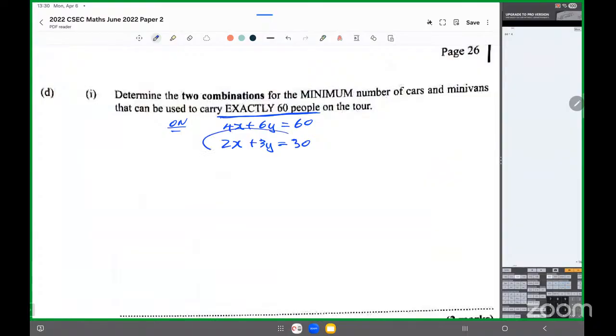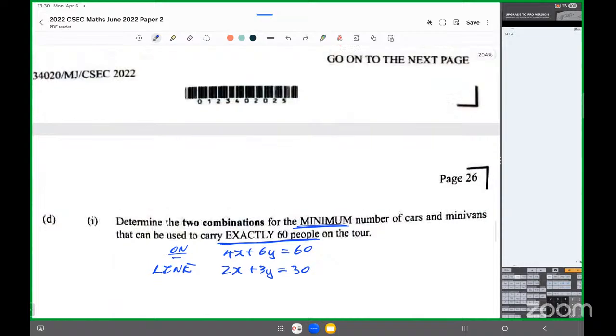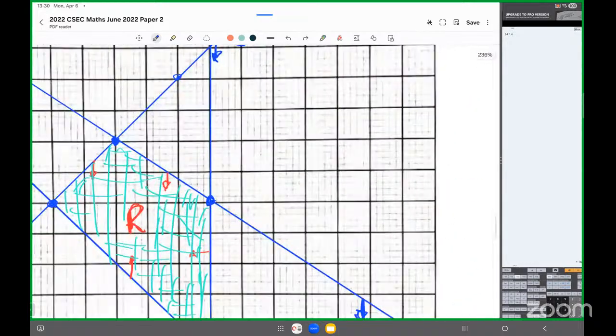So you're going to the vertices of this line to get the minimum. And it's 2 combinations. If you're carrying exactly 60 persons, you're going to be on the 60 persons line, and you go to the vertices. So what are the vertices?